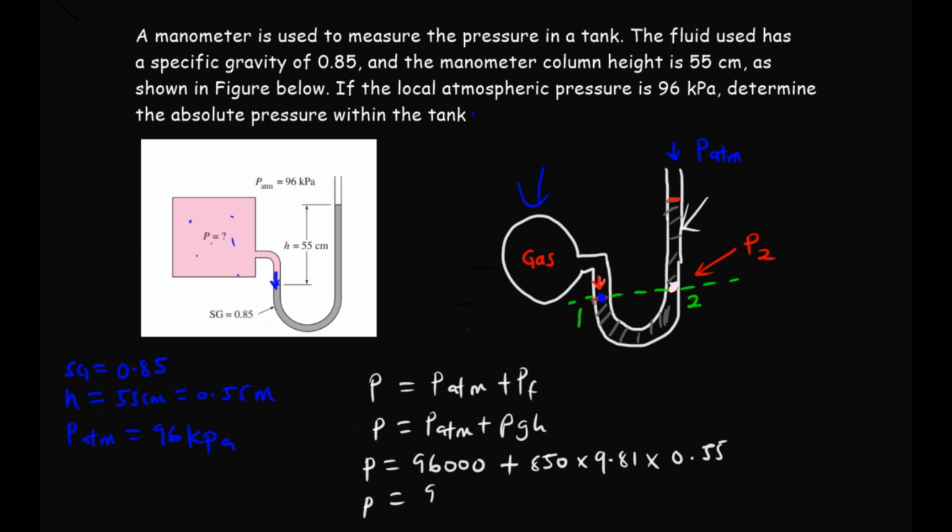First of all, let's do the multiplication first. So I have 850 times 0.55 times 9.81. This will give me 4,586.175.